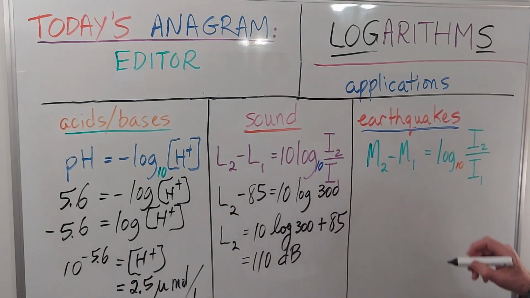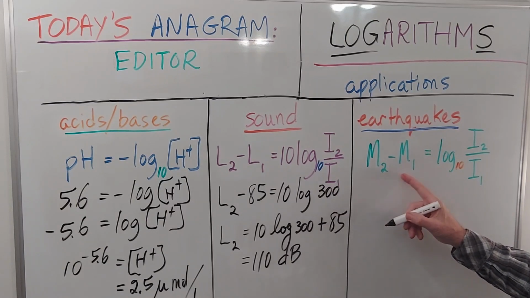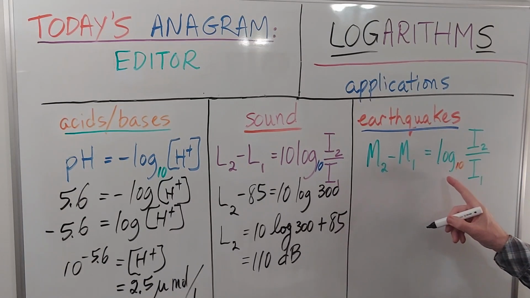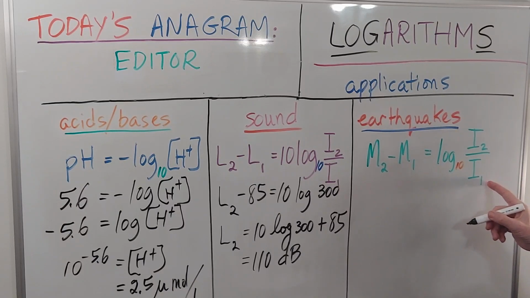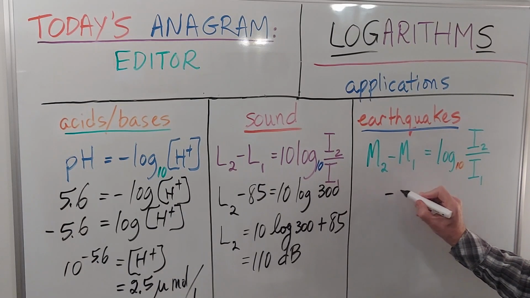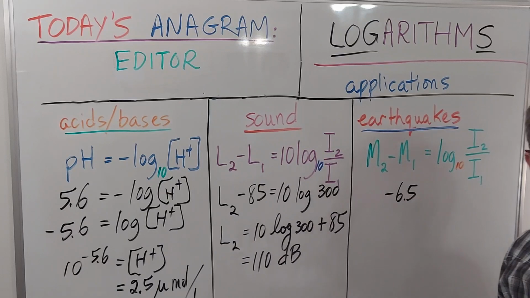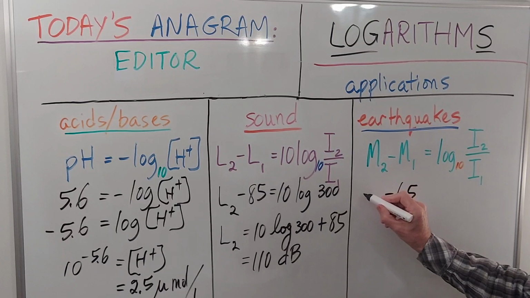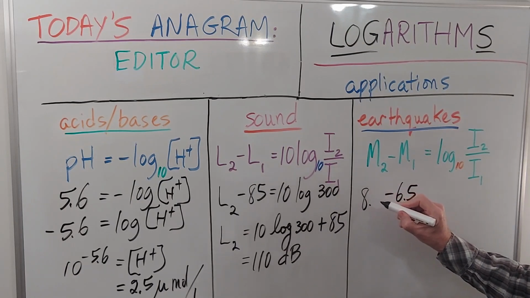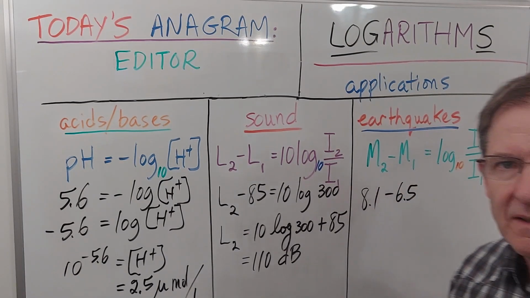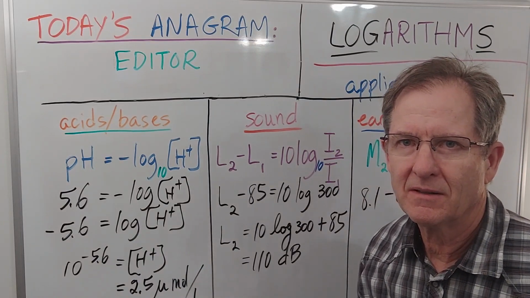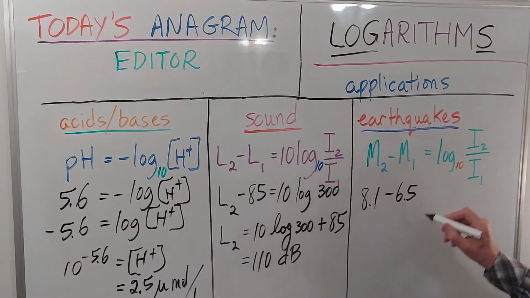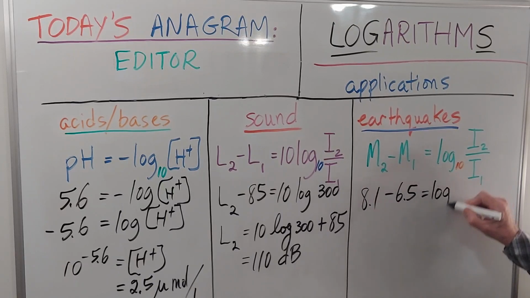And finally, for earthquakes, the difference of their magnitudes is the log of the ratio of their intensities. So let's say we have an earthquake of 6.5, which is fairly intense and pretty deadly, and we'll subtract that from one that's 8.1, an extremely dangerous earthquake, create a lot of damage, is the log of the ratio of their intensities.